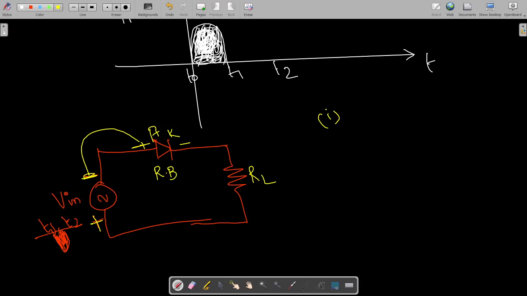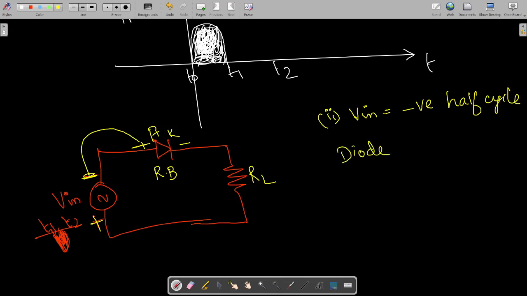This is the second case: during the negative half cycle, when V in is negative, this diode is getting reverse biased.